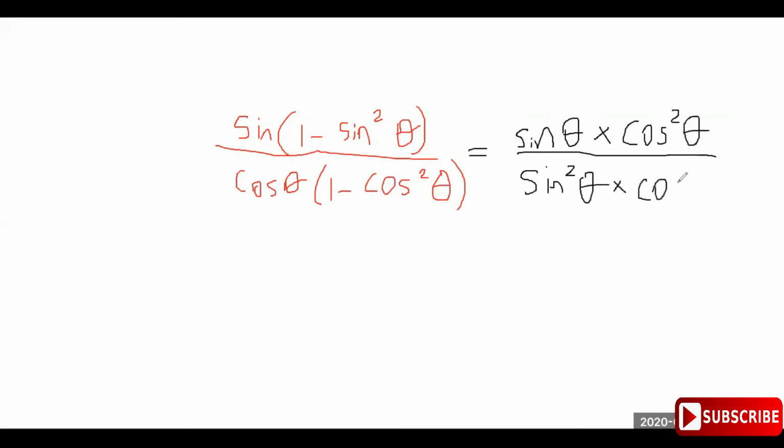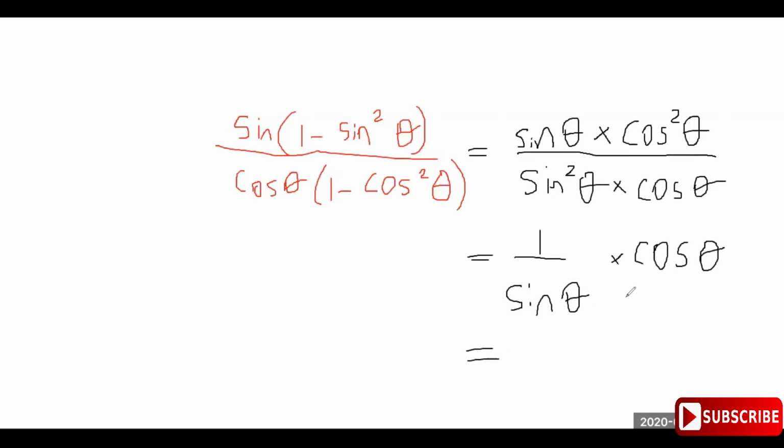Now sine theta over sine squared theta is just going to leave 1 over sine theta. Agreed? Times, now the cos squared theta over the cos theta just leaves cos theta, because cos squared can be written as cos times cos.